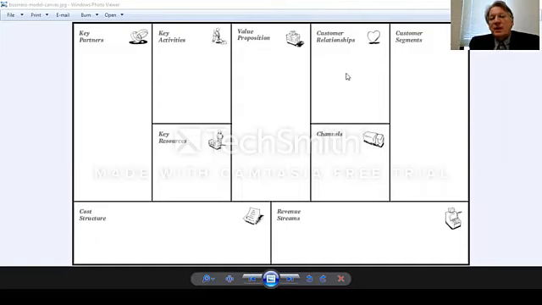Then customer relationships is right here in the middle. This tends to be an emotional bond with the customer segment. So for example, cosmetic companies have an emotional bond, not just about a physical product, but about an emotional connection.